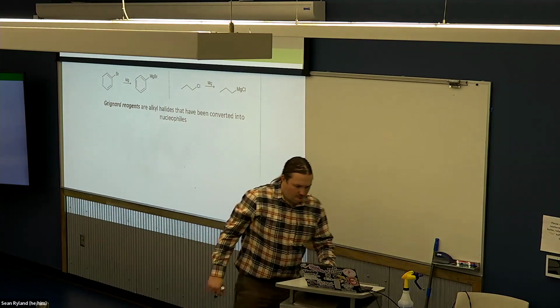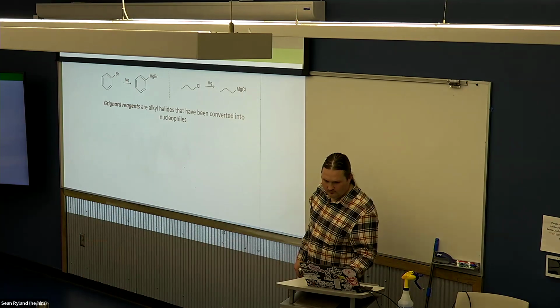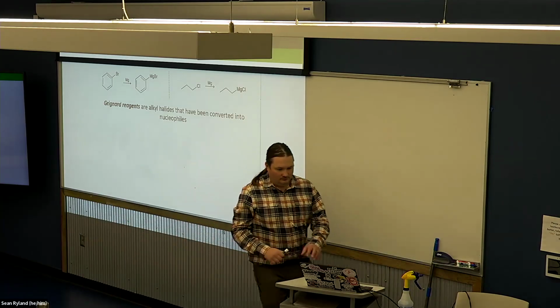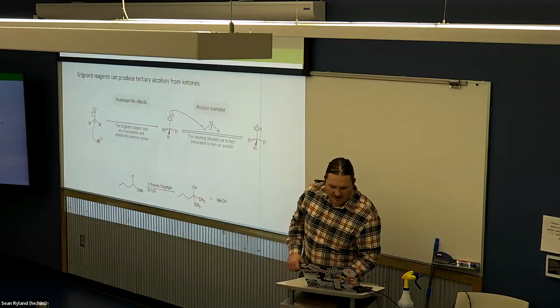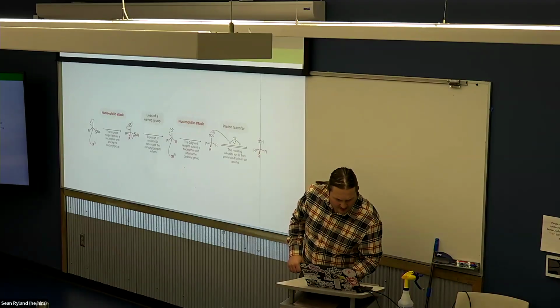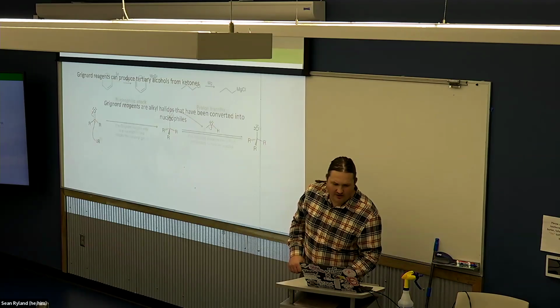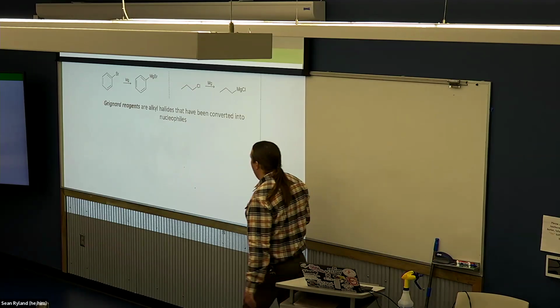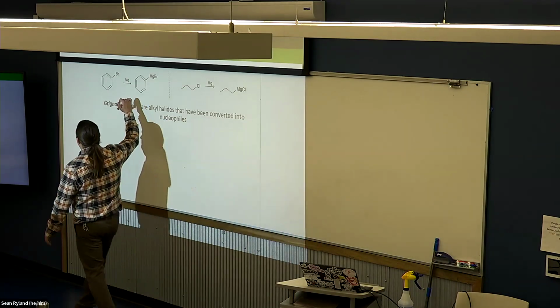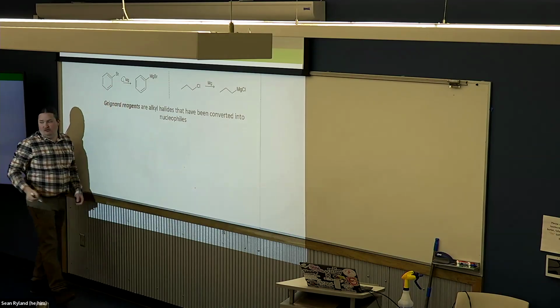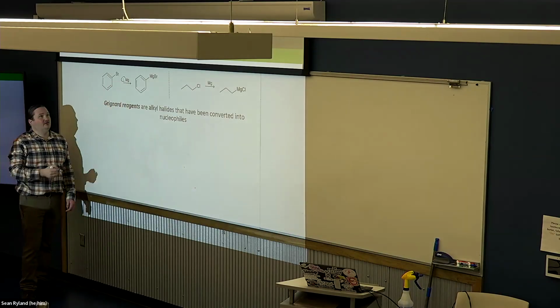I don't think this is a mechanism that is going to be on the exam, so it doesn't matter too much, but basically this magnesium has two valence electrons when it's metal, right?